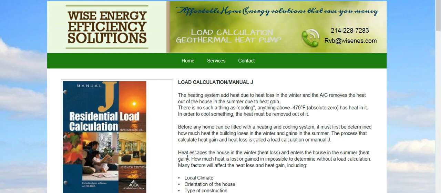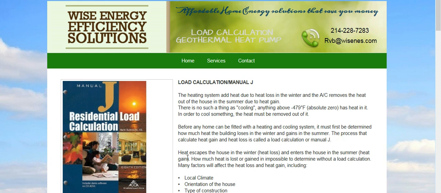If you live in a 75-degree climate year-round, you don't need insulation because there is no heat gain and no heat loss. That's why we put insulation in the house: to stop the heat from leaving the house in the winter and from entering the house in the summer.